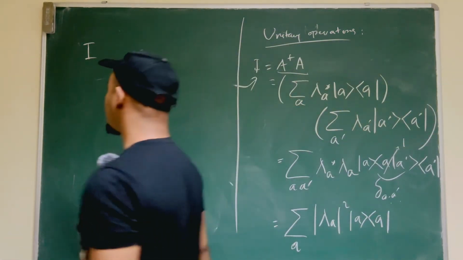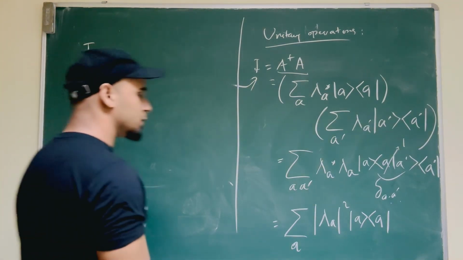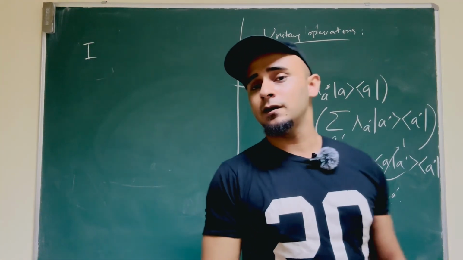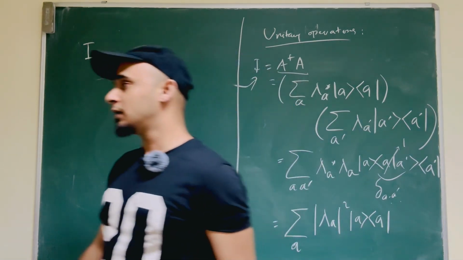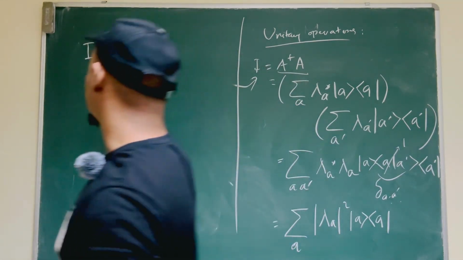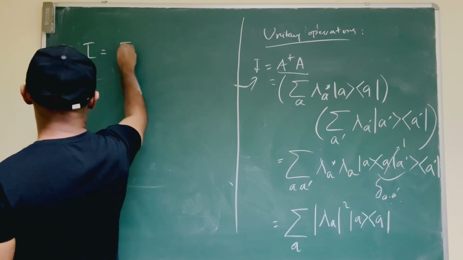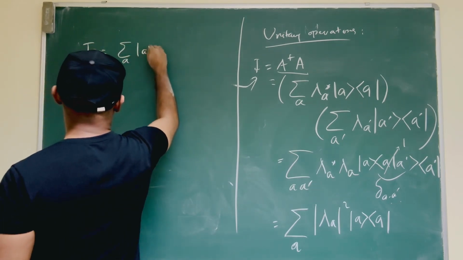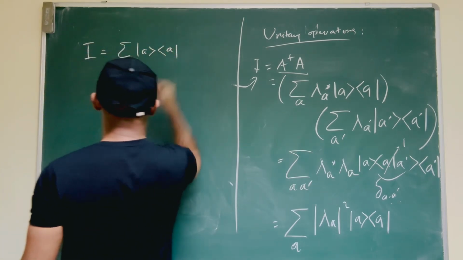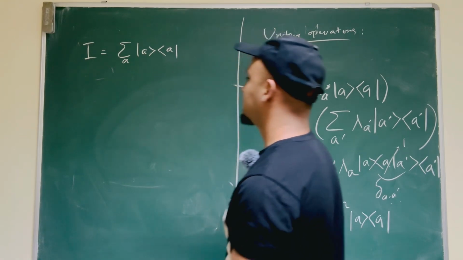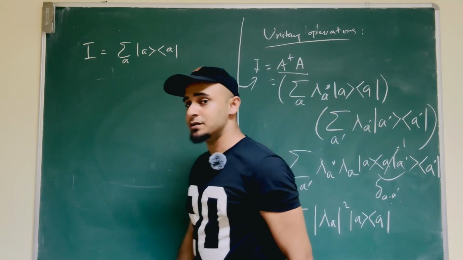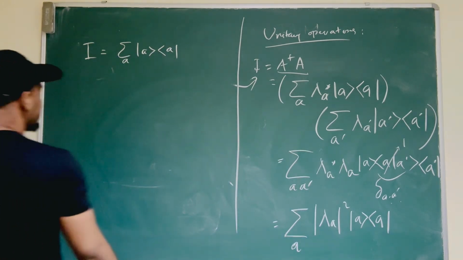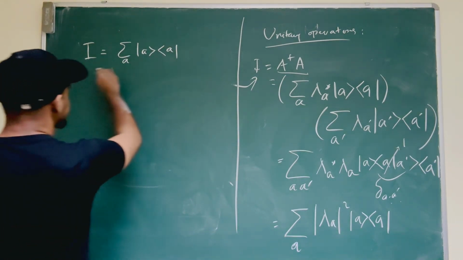So the identity operator from quantum mechanics, we know about the completeness theorem, right? If this is a complete basis, then I can write the identity operator in this form: summation a. This is if my Hilbert space satisfies the completeness theorem. So what does that mean?